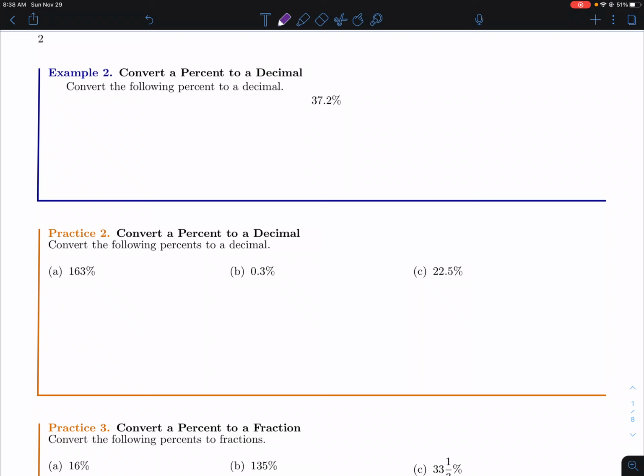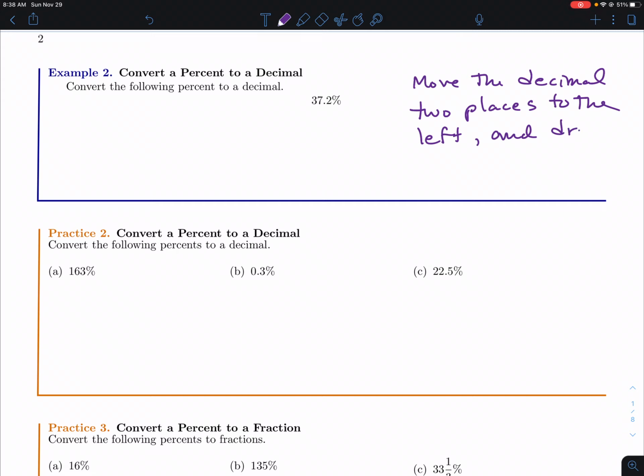All right. So in this case, what we want to do is convert the following percent to a decimal. So we just want to do the opposite operation. We're going to move the decimal 2 places to the left and then drop the percent sign.